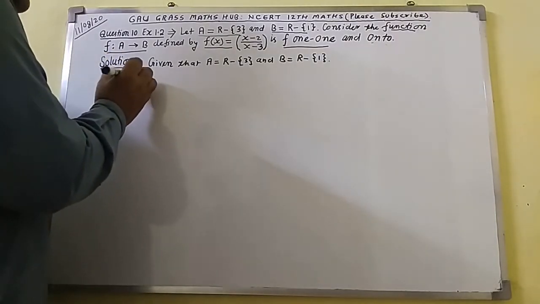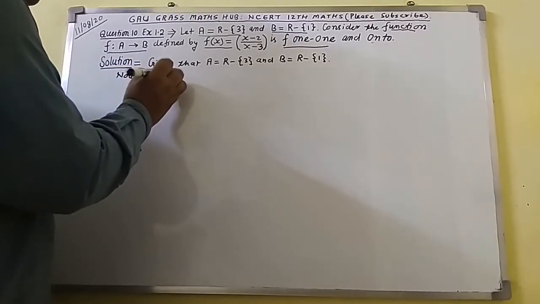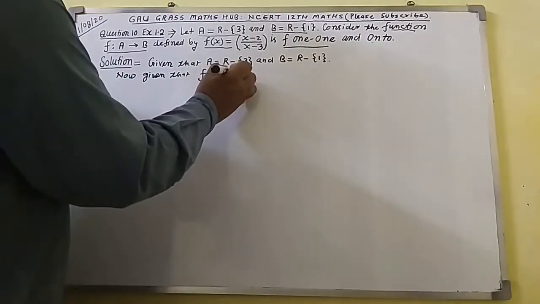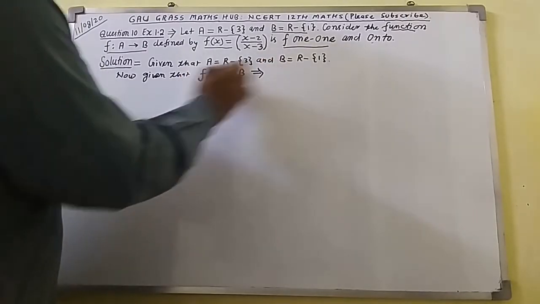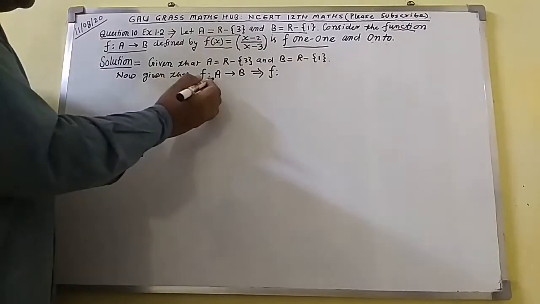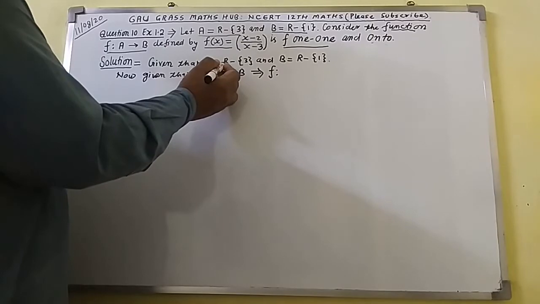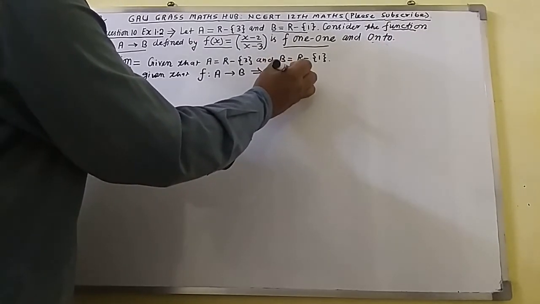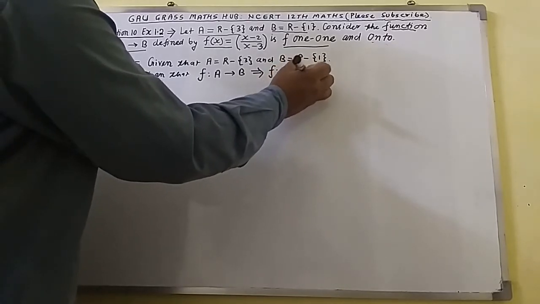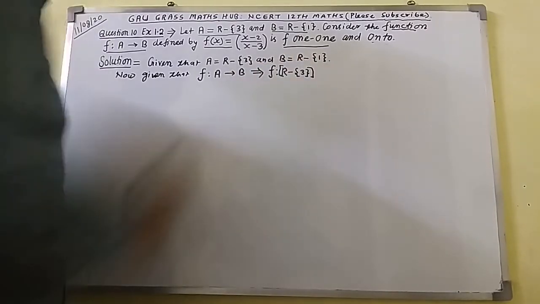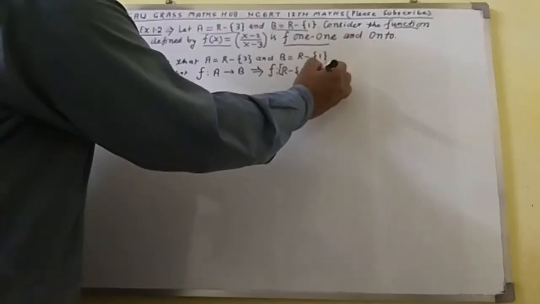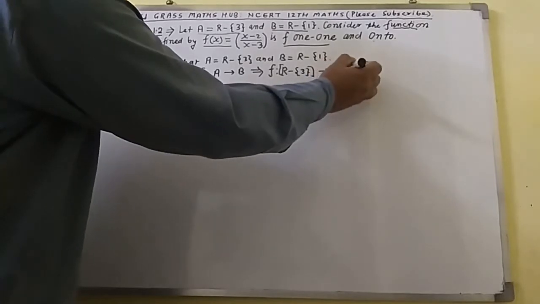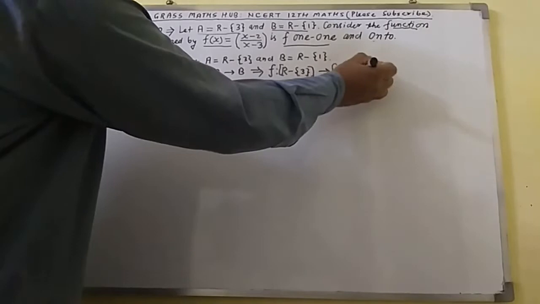Now, given that f from A to B. Implies that f from R minus {3}, enclosed in square bracket, goes to the value of B, which is R minus {1}, enclosed in square bracket.